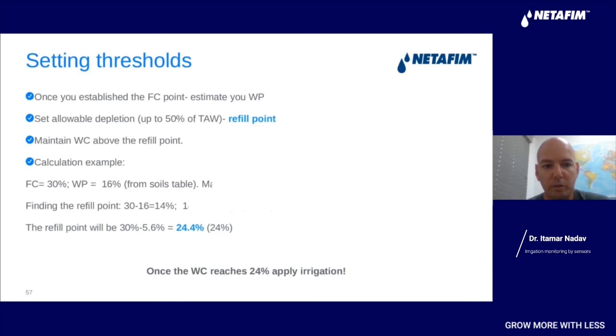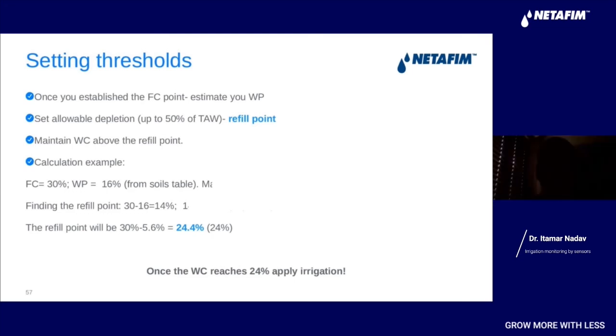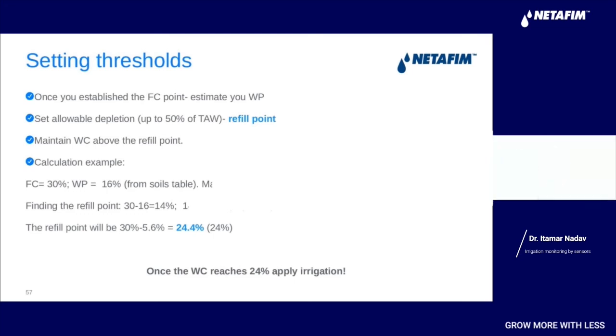And now we need to set the allowable depletion, and as I told you, it's up to 50% of the total available water. That will be our refill point, and we need to maintain water content above the refill point. So every time it comes to the refill point, we need to open the irrigation.